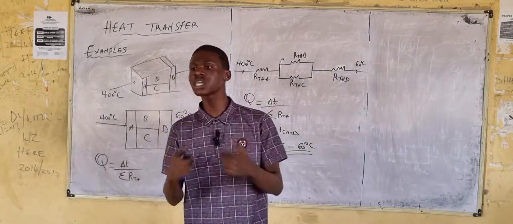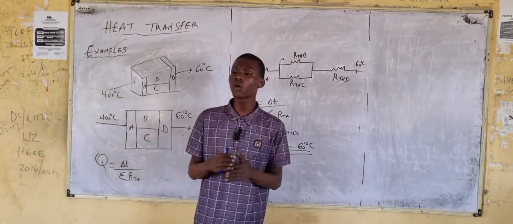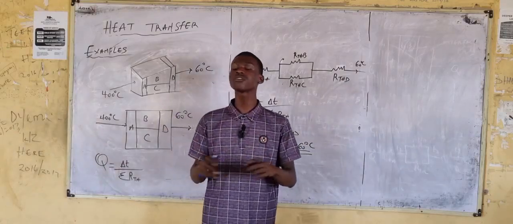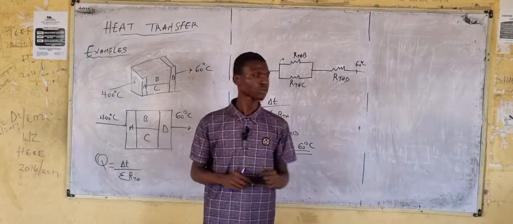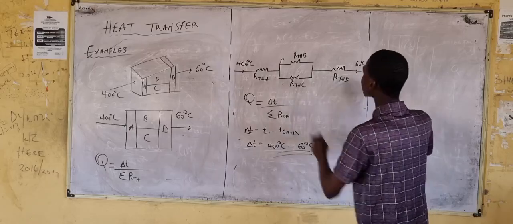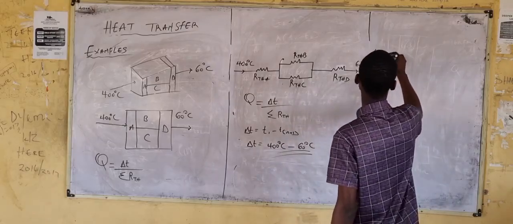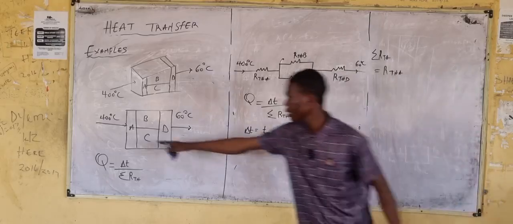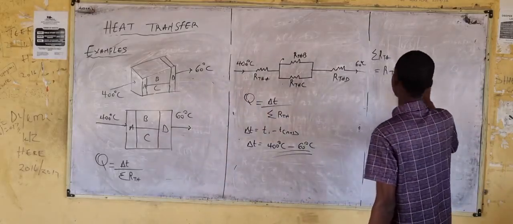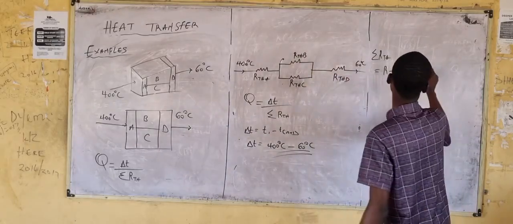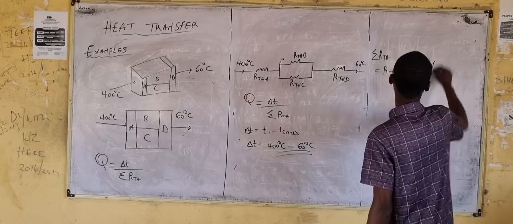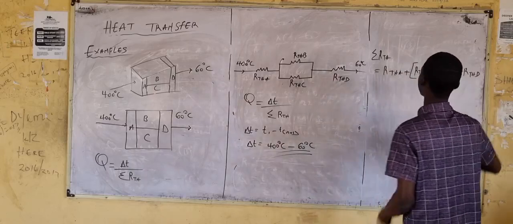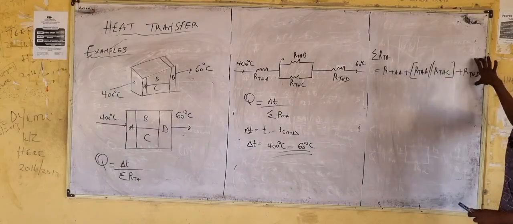What we know is that resistors in series, the equivalent resistance is the summation of the individual resistors. Meaning, to get the summation of RTH, it means RTHA, the thermal resistance of wall A, plus RTHB parallel to RTHC, plus RTHD. You solve the parallel part, then get the value of each, then add them up. You are done.